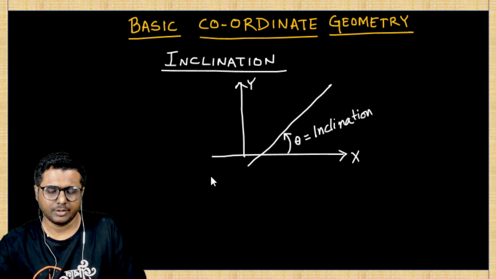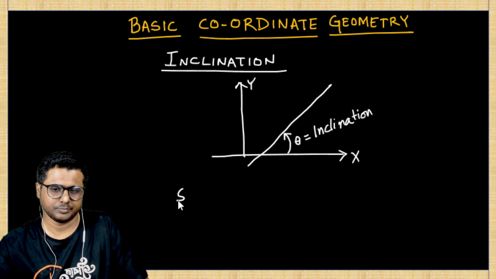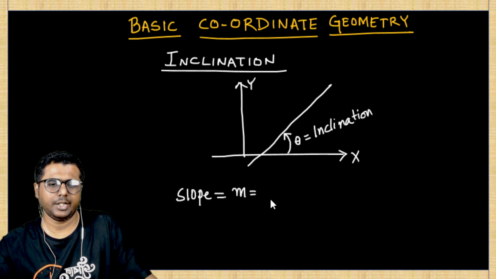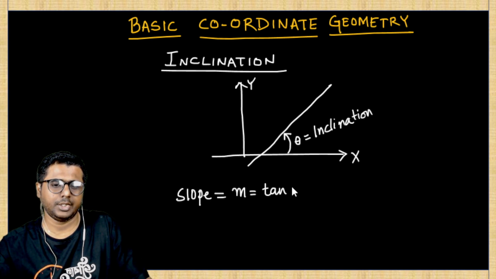And now we will learn what is slope. Slope is generally denoted by small m, and that is equal to tan of theta. What is theta? Theta is inclination.